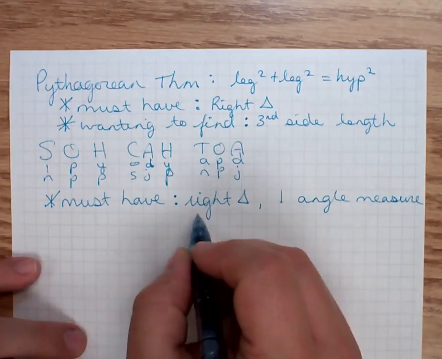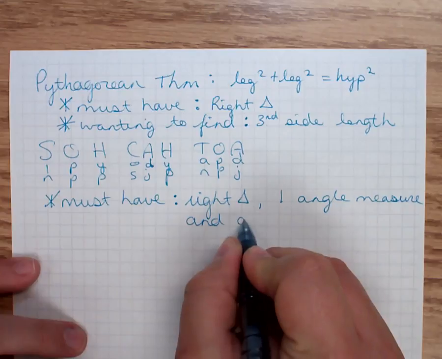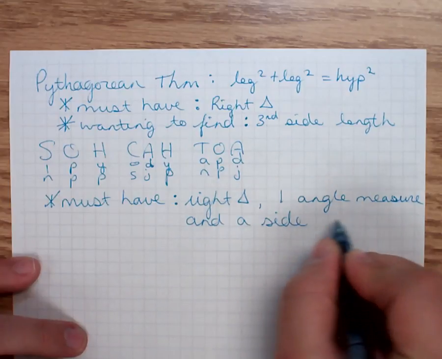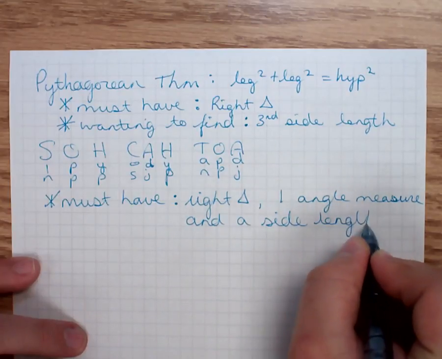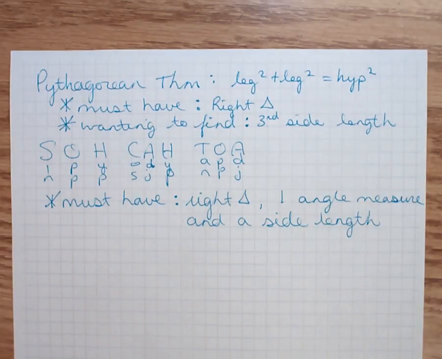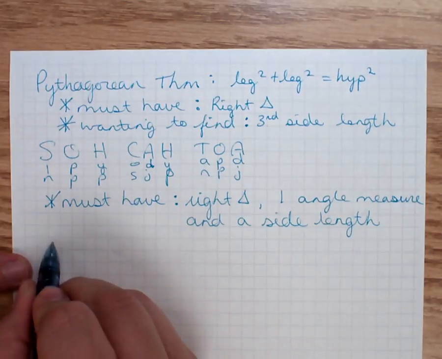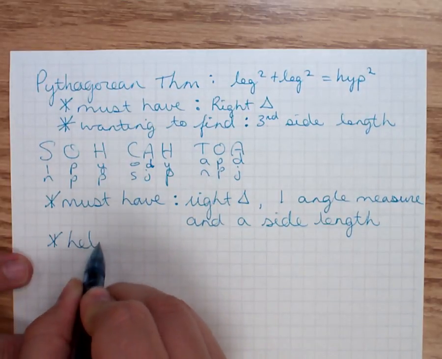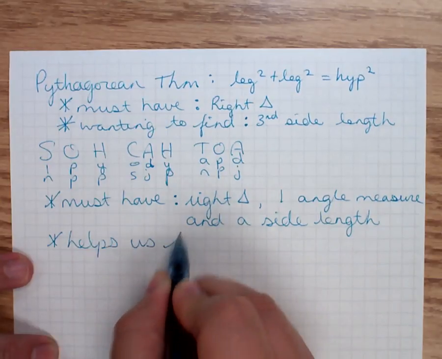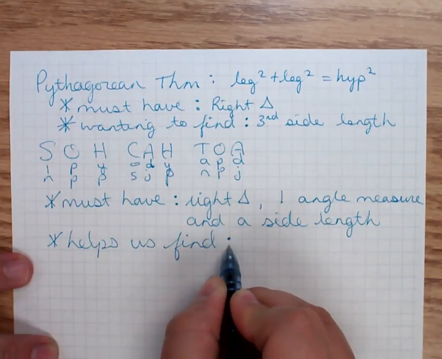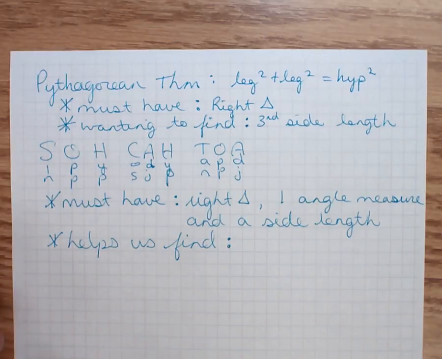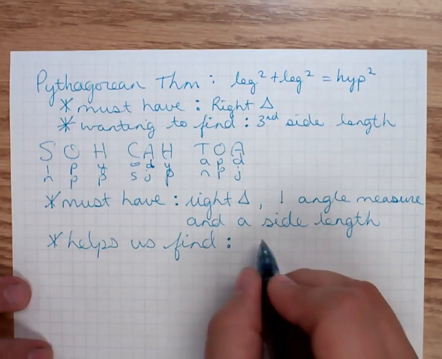A side length. And these regular trig functions help us find what? Missing side lengths.